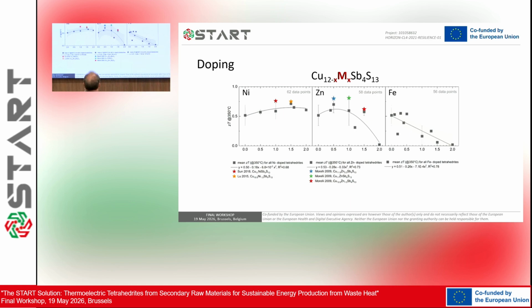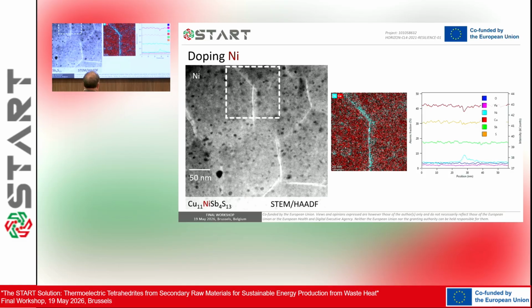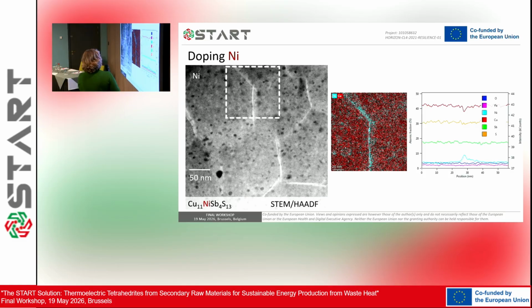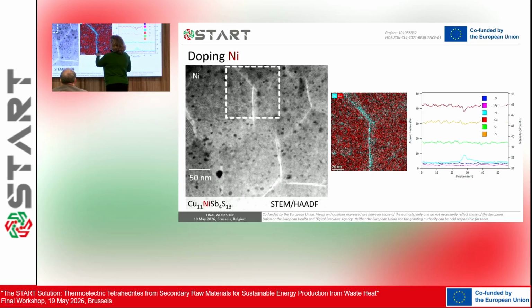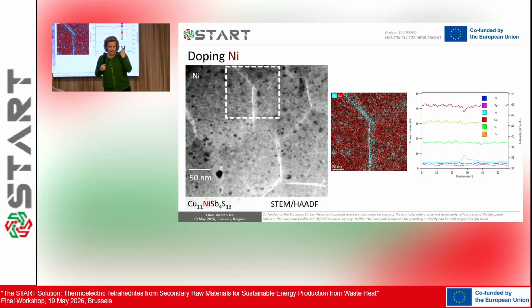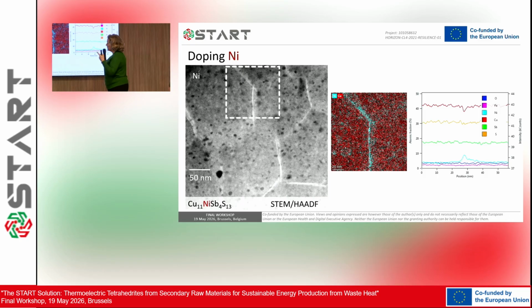So when you look at the microstructure, what do we see? This is a TEM image. You see a lot of pores, which I'll discuss in a while. But if you do EDS analysis, you see that nickel, even if you substitute one atom, that's about 3.5%, you see that nickel precipitates in the grain boundaries.